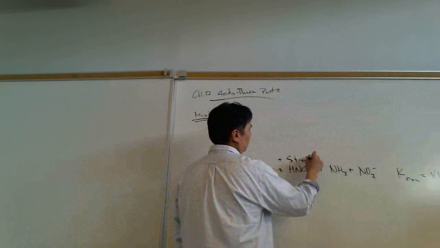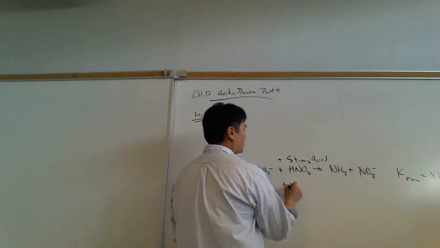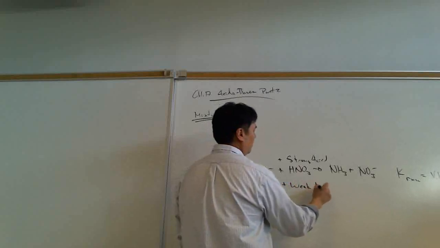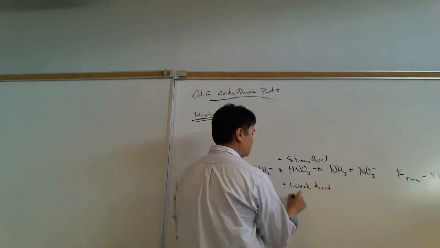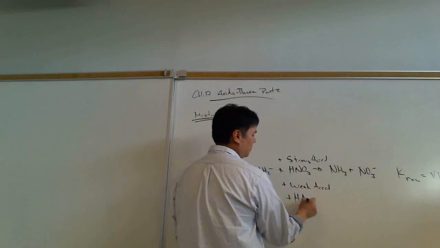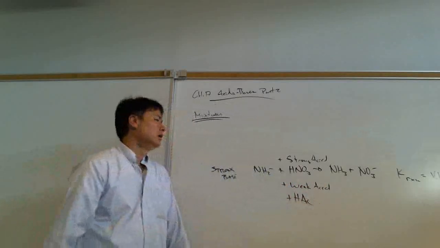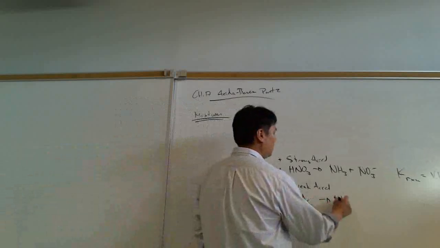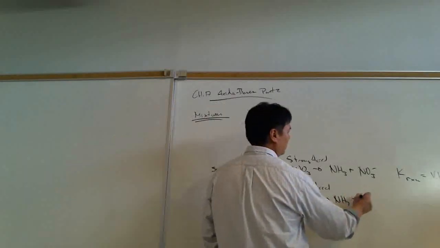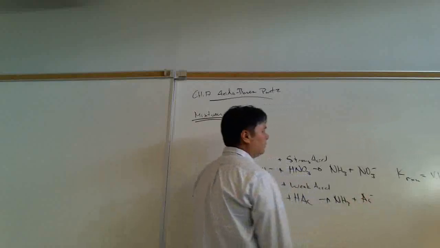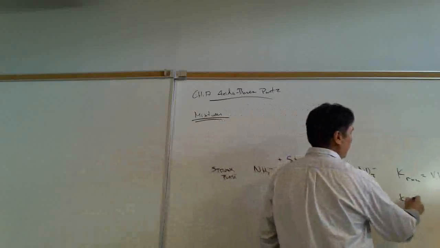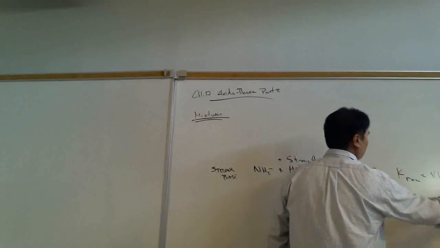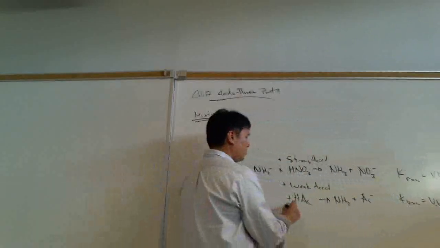Yes. Okay, let's go with weak acid. Give me a weak acid. A weak acid like acetic acid, which I'm going to abbreviate HAc, gives us ammonia and acetate. K for this reaction should be large.